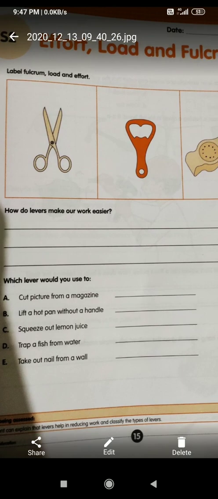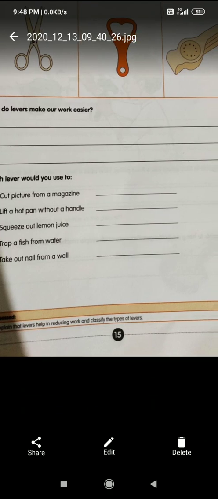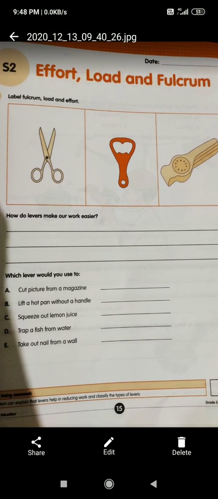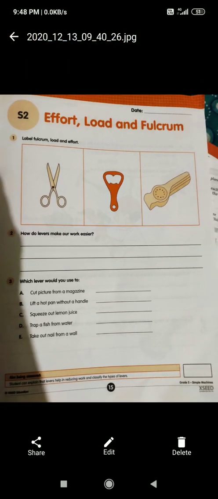Lift a hot pan without a handle, if the handle would not be there, what will we use? Next, squeeze out lemon juice. Next, trap a fish from water. Take out a nail from a wall. These are the examples of a few levers given, so you have to write what you will use to do all these.